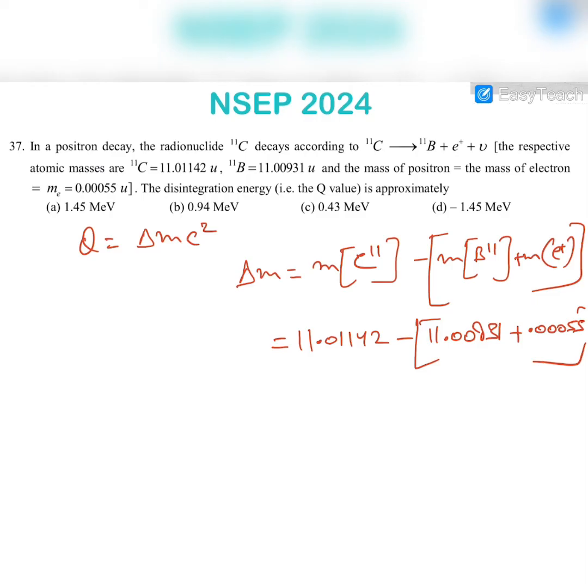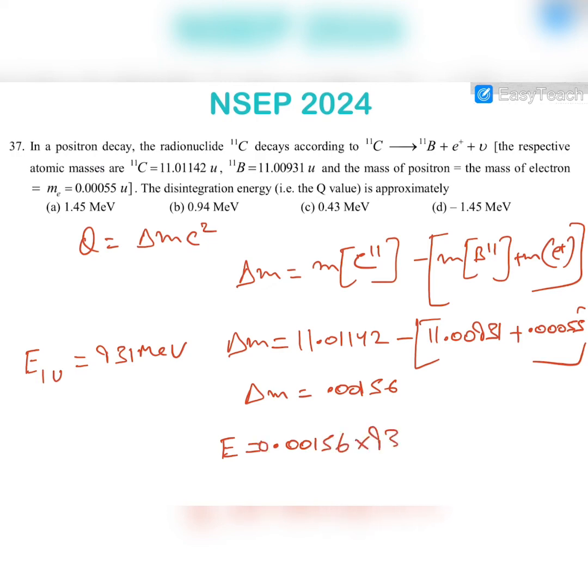This is delta m. So this delta m will be equal to 0.00156, and therefore we know that the energy for 1 AMU is 931 MeV. So energy for this much mass will be 0.00156 into 931 MeV. So it is 1.45 MeV. So the correct answer is A.